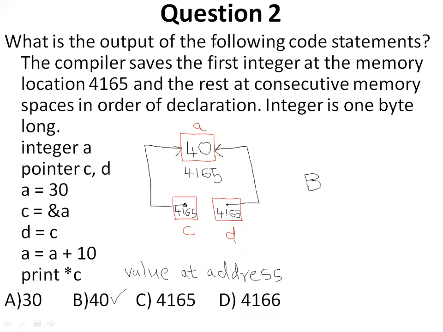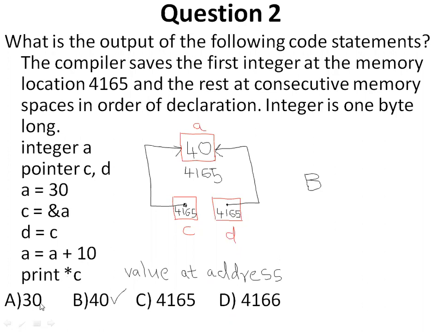How many of you gave this? C, C, 30. So none of you gave the correct answer. This is how you can interpret these statements. If you draw the memory diagrams quickly, then you can easily get the values. Is it okay? Any doubts? Is it clear?